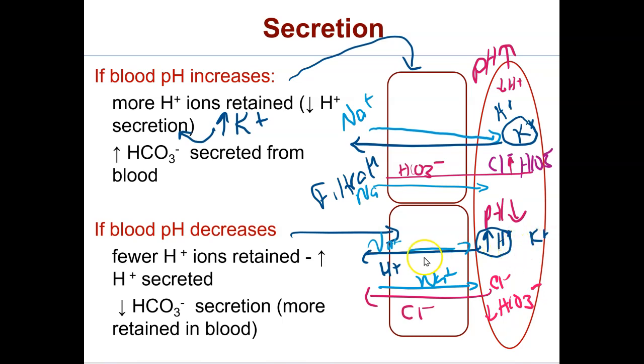And so whichever ion goes is dependent on the pH. And then this definitely can cause imbalances in potassium. Notice sometimes we kick it out, so it might fall, or we hang on to it, it might go up. And that does happen. And we'll look more at that when we do fluid and electrolyte and acid-base balance.